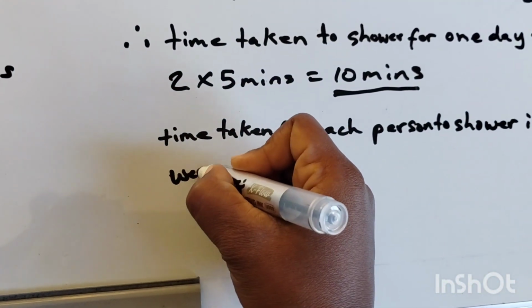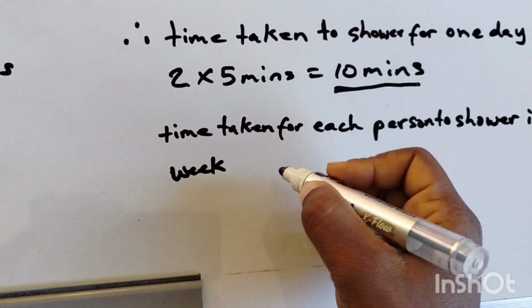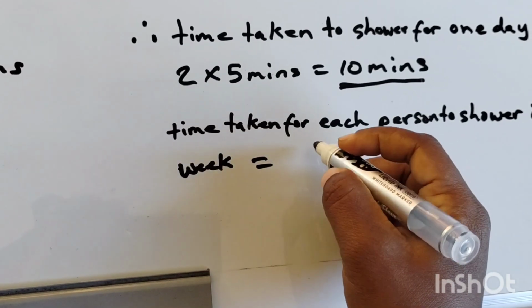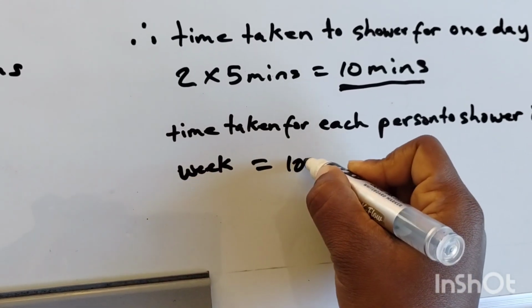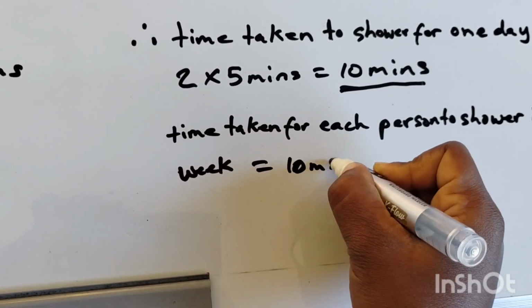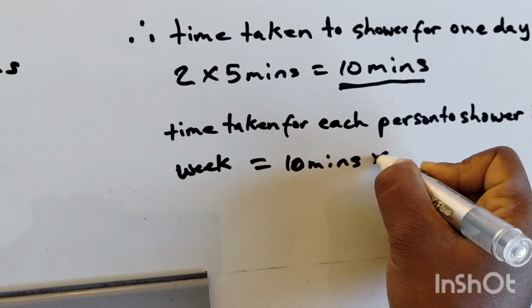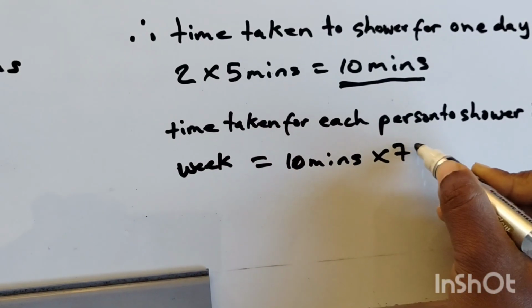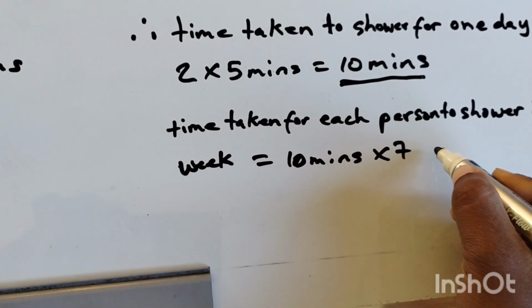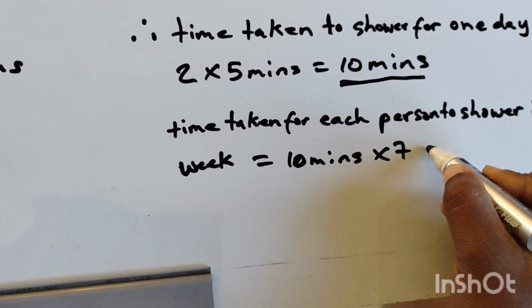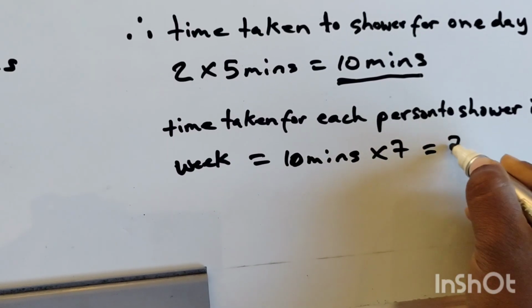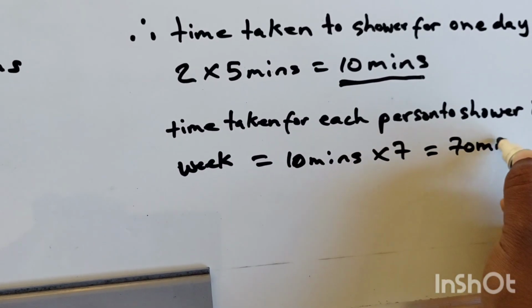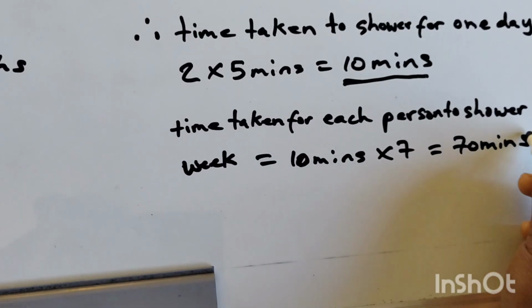Exactly. So it would be 10 minutes times 7, because there are 7 days within a week, and we know that for each day, each person takes 10 minutes. So 10 minutes times 7, that would give you how much? Right, it would give you 70 minutes.